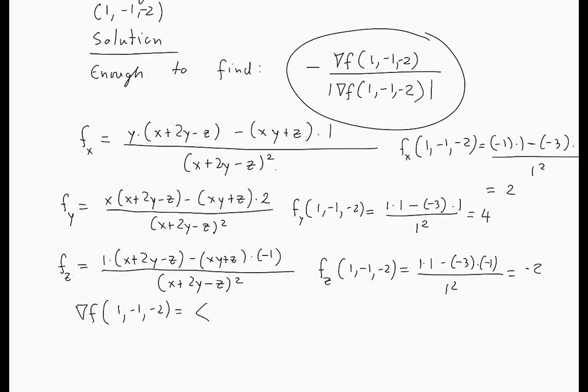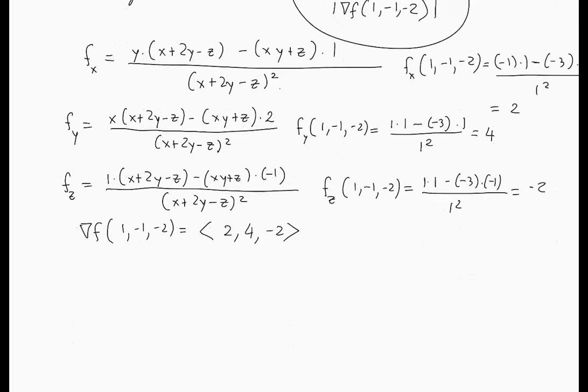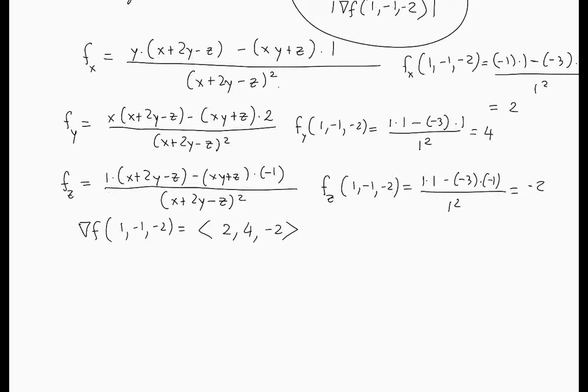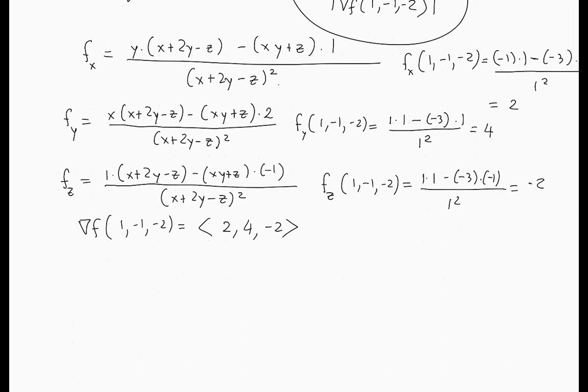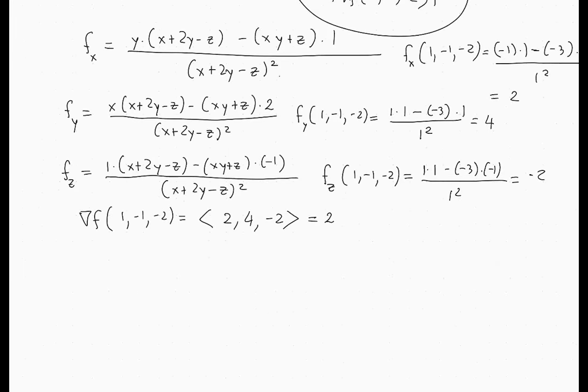And we need to normalize this vector. So there's this old trick. If you want to normalize any vector, it's the same thing as normalizing any positive scalar multiple of the same vector, which means this is 2 times 1, 2, -1. It's the same thing as normalizing this, in other words.